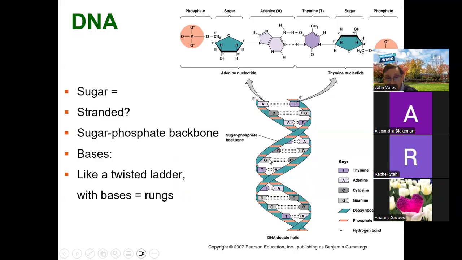The bases are like steps on this helical staircase, and the bases hydrogen bond with each other, binding the one strand of DNA to the other strand of DNA. So DNA actually looks like a twisted ladder or a spiral staircase, with the bases being the rungs on the ladder. Any question about any of that?